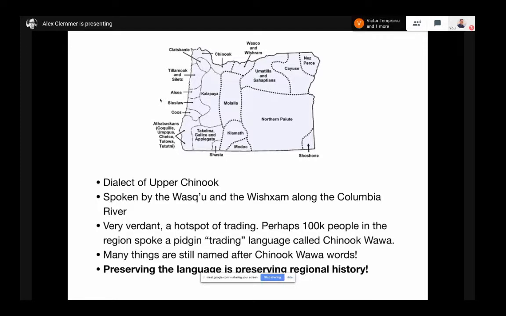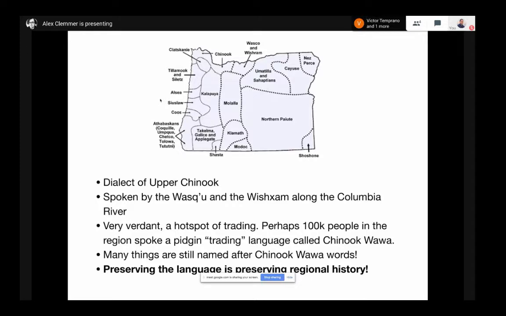And a good mark of how pervasive their culture was is that the trading language of the region, going from, let's say, British Columbia to Northern California and as far east as Montana, was a pidgin language, a trading language called Chinook Wawa. It depends on who you ask, but a reasonable estimate, I think, is maybe 100,000 people in the pre-Columbian era spoke this trading language, which is directly derived from Kiksht, the specific dialect of Upper Chinook.